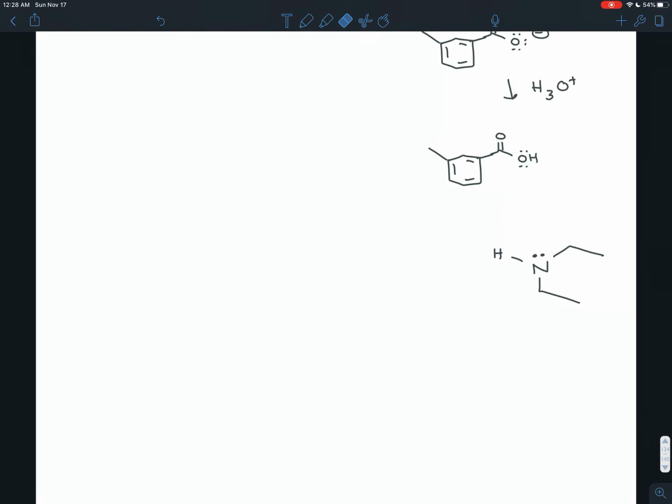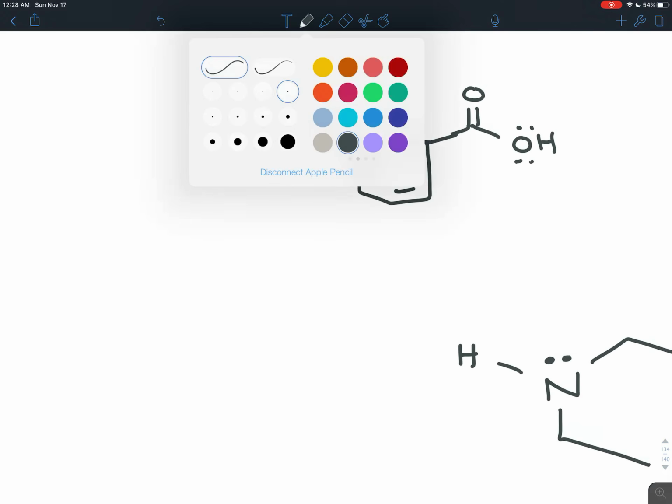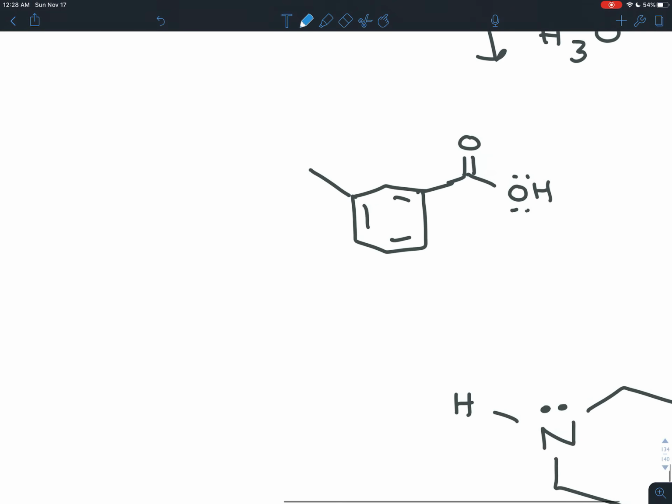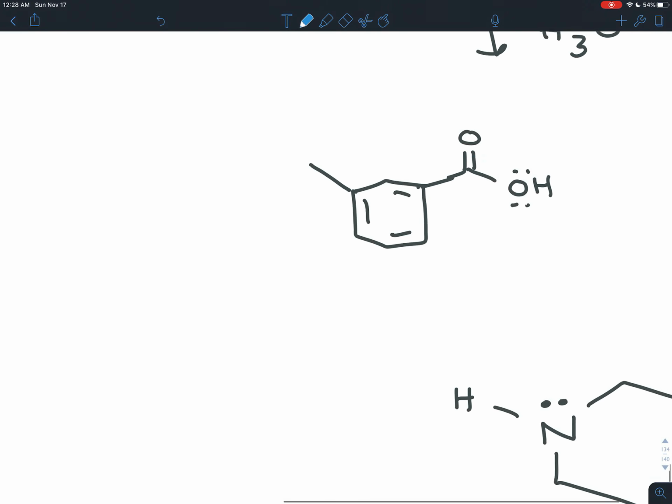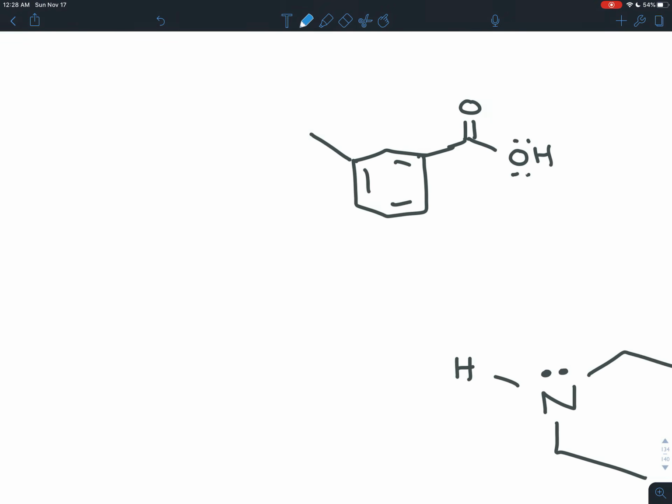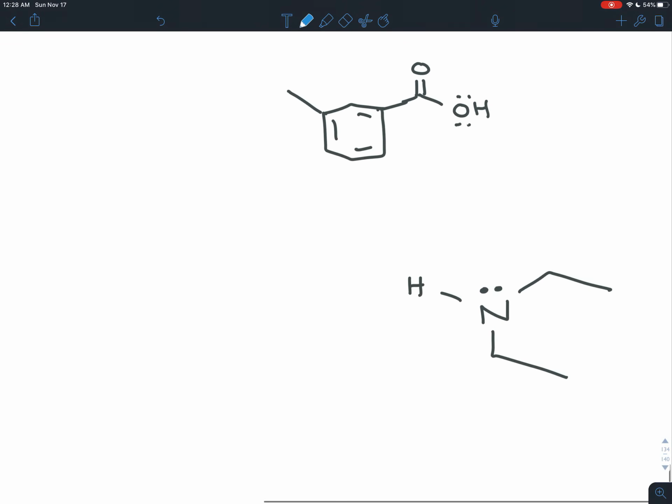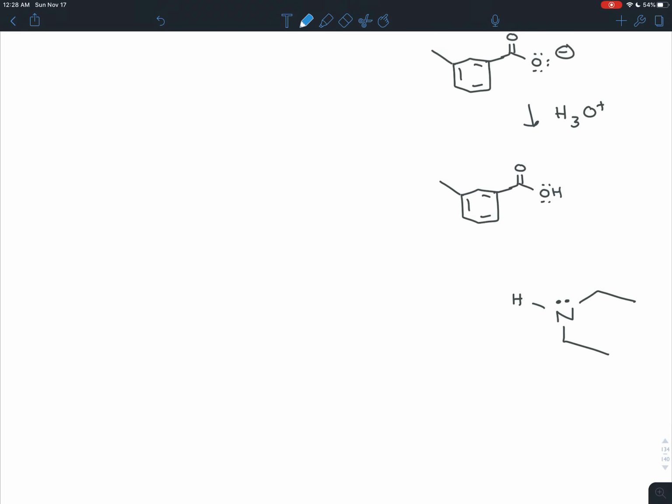The other issue is that the electrophile, the carbonyl carbon in a carboxylic acid, is not the best electrophile because these lone pairs on this oxygen are allylic to this pi bond, and so they, through resonance, donate electron density toward this carbonyl carbon. So it's not the best electrophile in the world. It's a decent one, but not the best. And this is a weak to moderate nucleophile. So that's not going to be a very efficient reaction.